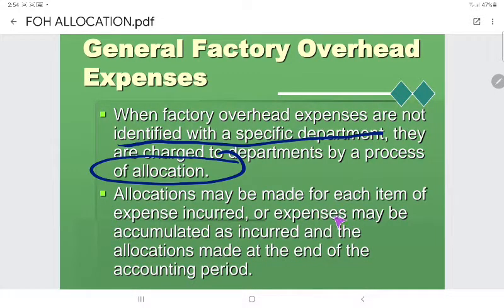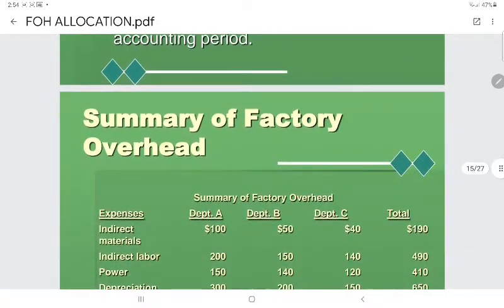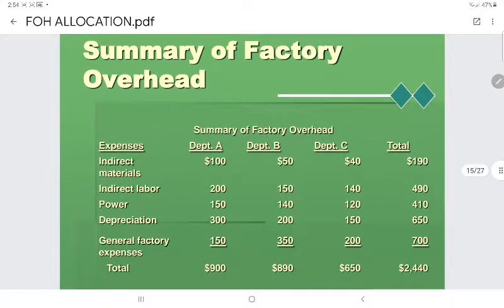And, anong sabi dito? Pwedeng bawat item, or ang gawin mo na lang, to simplify matters, at the end of the accounting period. So, nasa sa inyo, you are given the liberty to decide. But ang crucial, you have to allocate.